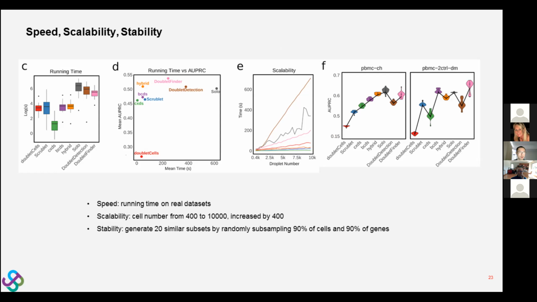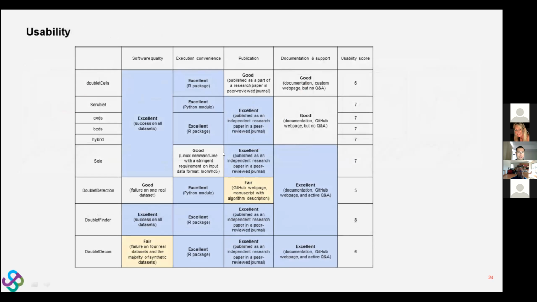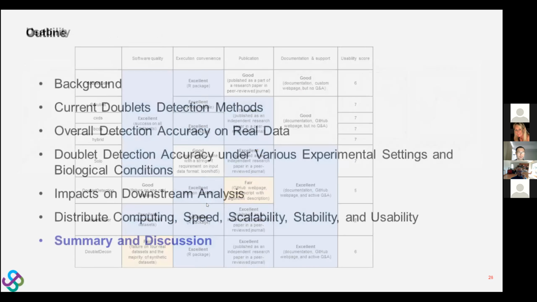So there's still some room to improve in this direction. And then we also summarize how user-friendly those methods are, and we create a score system to summarize. So basically, DoubletFinder still gives us the most user-friendly documentation and implementation.